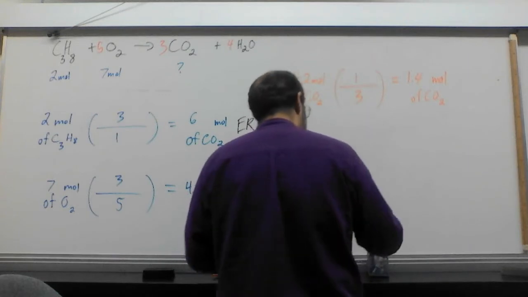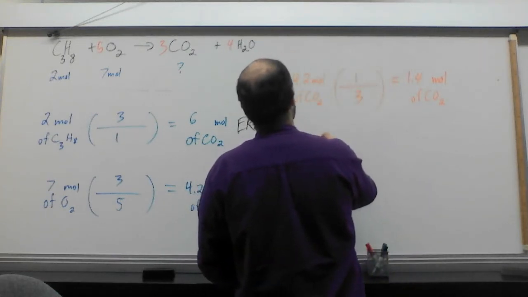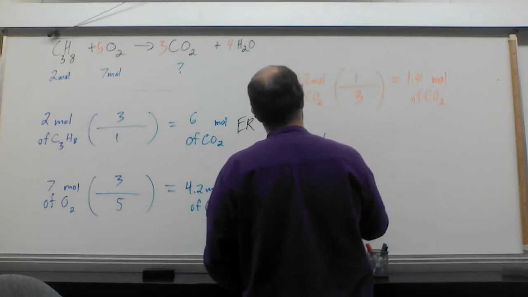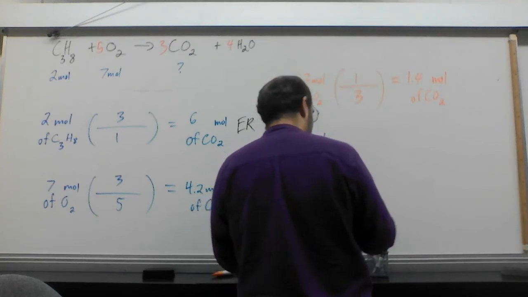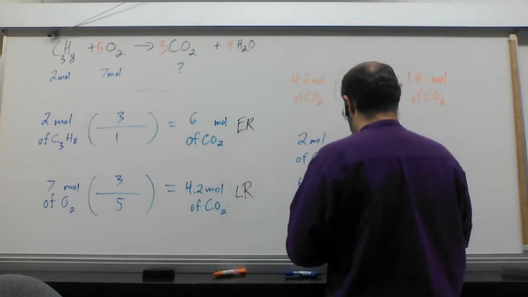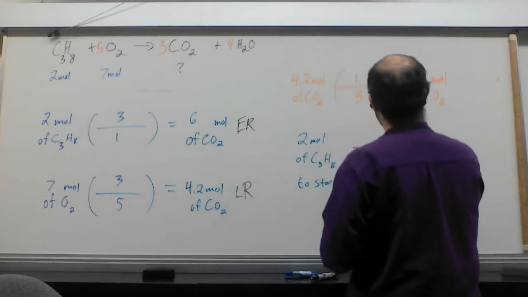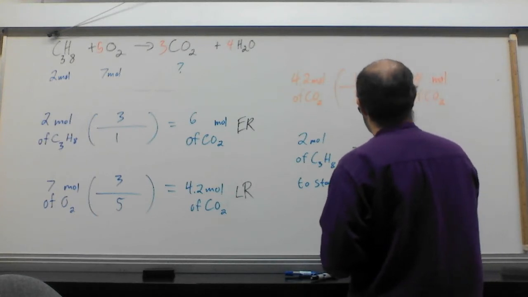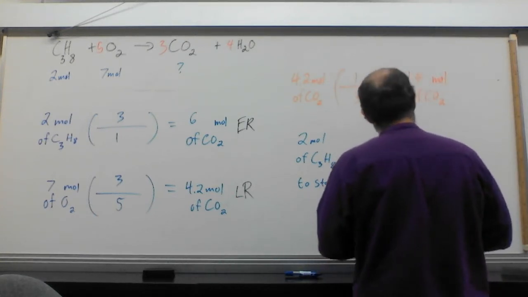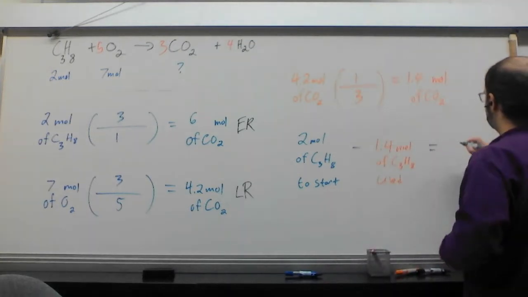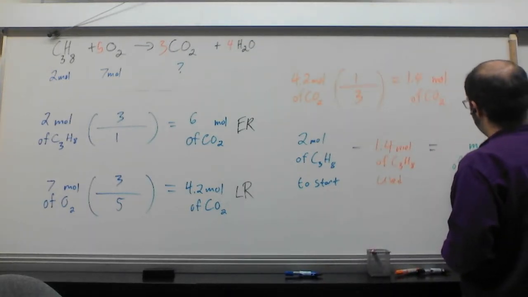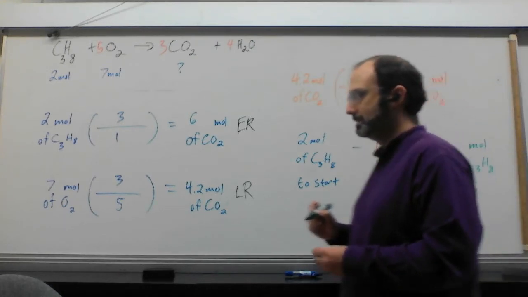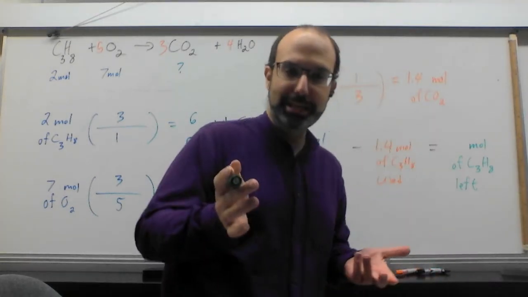So I can write that out, and I can say that I started with 2 moles of propane to start, and I want to subtract the 1.4 moles of propane used, and that should give me the moles of propane left. And that's it. That's all we really needed to do.